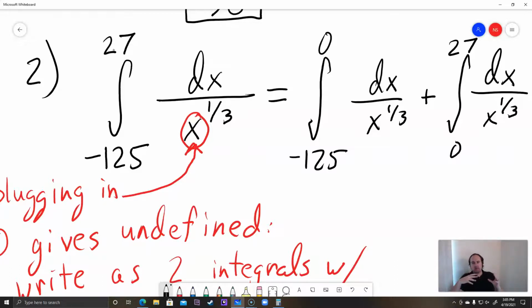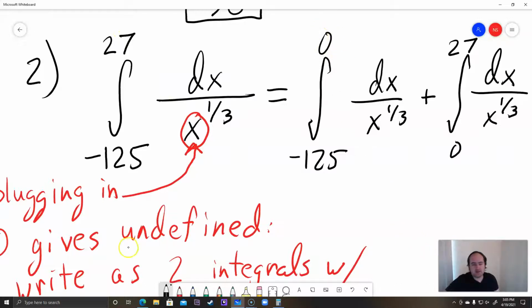It says that if you have a definite integral, you're allowed to split it up into smaller parts, as long as when you add up all the parts, you're covering the full range of numbers. So here we're going from negative 125 to 0, and then plus 0 to 27. But when you add them together, you're still going to get negative 125 to 27, so it is actually the same.